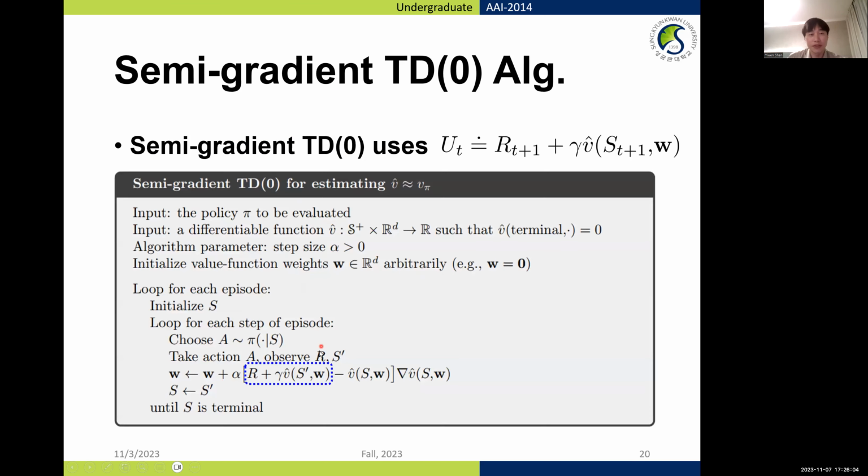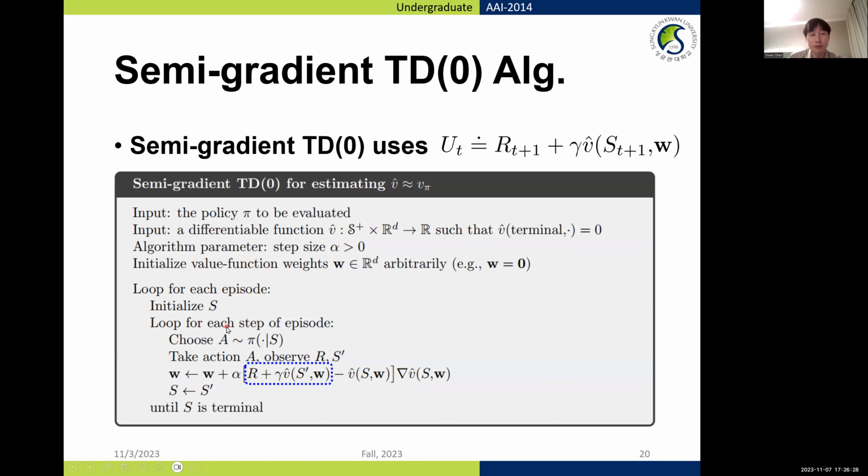There are several merits here. Based on semi-gradient TD(0), we replace the update in this SGD equation with the TD(0) update. If you remember TD(0), the one-step TD, the overall process is the same.